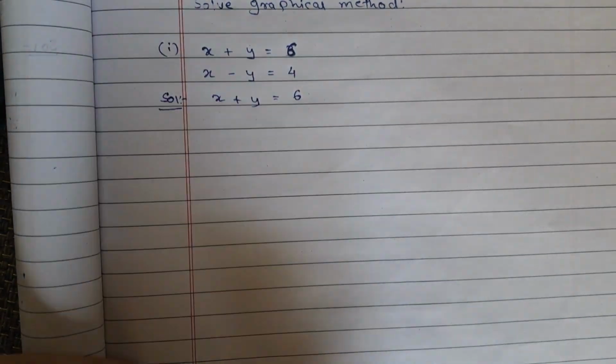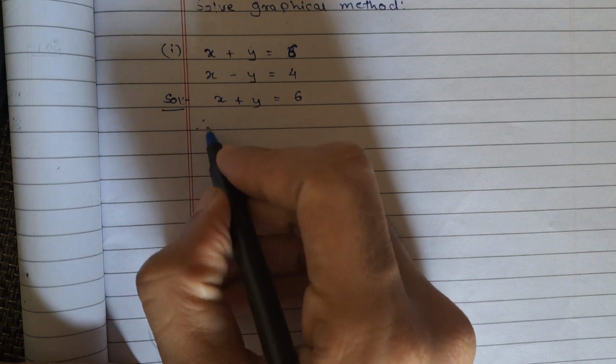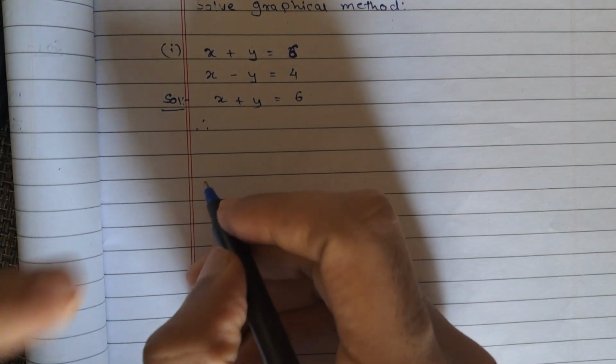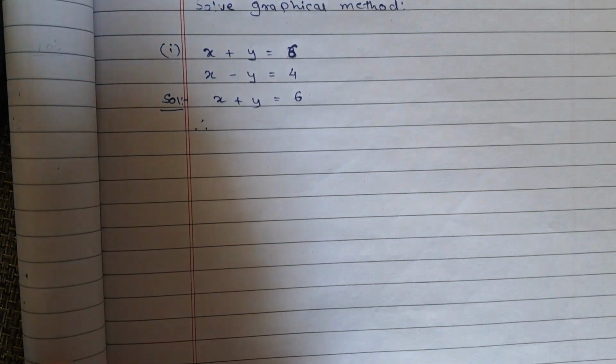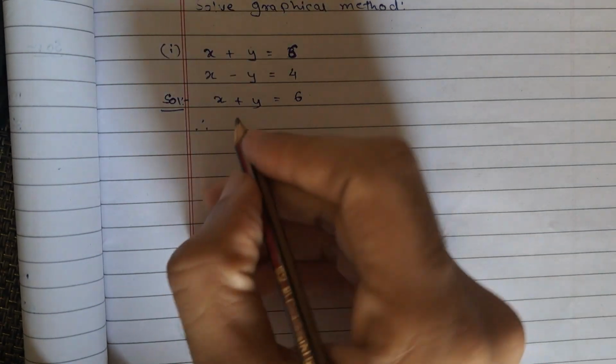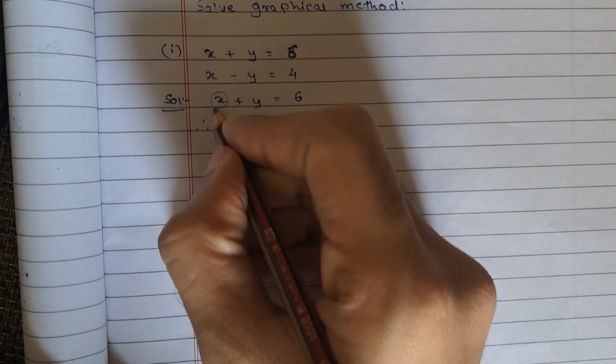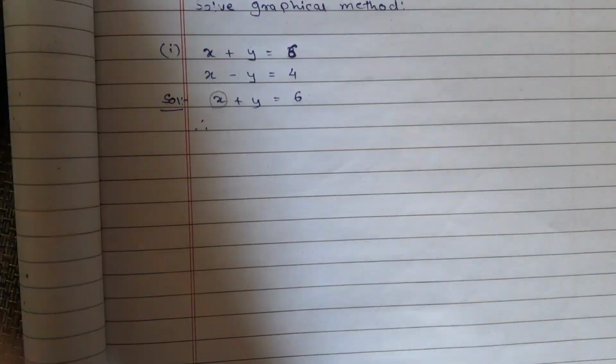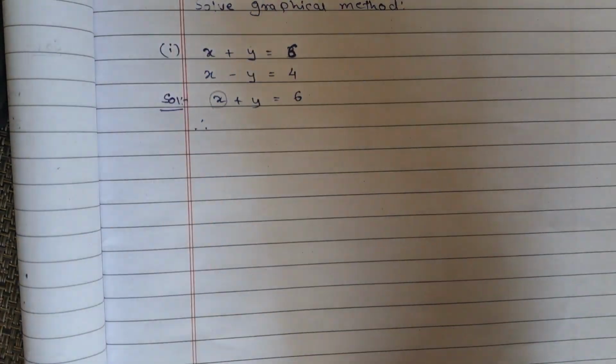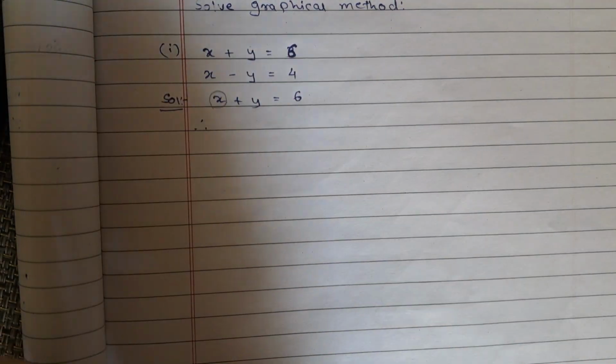Consider the first equation and try to isolate an alphabet. That means you keep x alone on one side or y alone on one side. It is your choice. You can select any alphabet for that purpose.